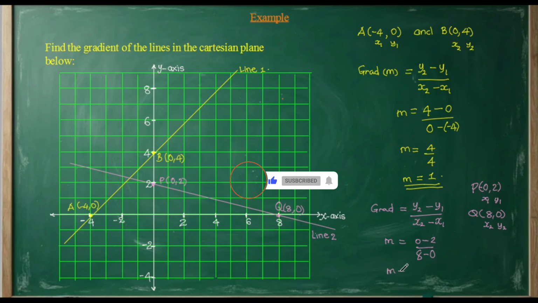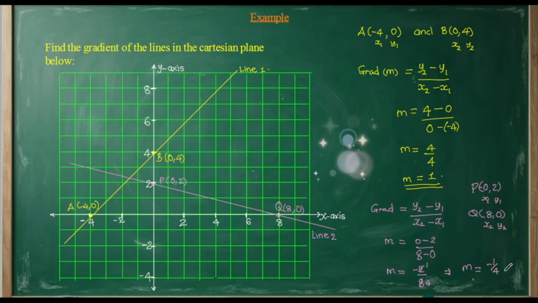So when we subtract the numerator, we get negative 2, then denominator goes to 8. Therefore, we can now cancel this out by 2, 1, by 2, that is 4. So our gradient is negative a quarter, and that is negative gradient, as we can see from here, running from top left to bottom right.